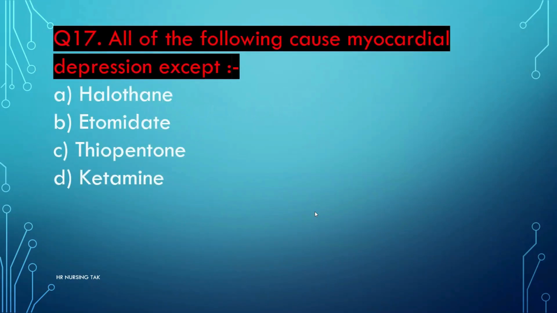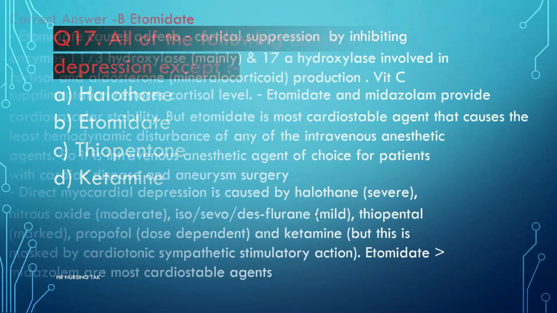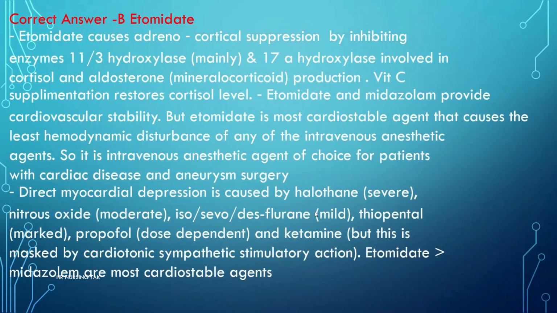Question 17. All of the following cause myocardial depression except A. Halothane, B. Etomidate, C. Thiopentone, D. Ketamine. Correct answer is B. Etomidate. Etomidate causes adrenocortical suppression by inhibiting the enzyme 11-beta hydroxylase mainly, or 17-hydroxylase, involved in cortisol and aldosterone, mineralocorticoid, production.